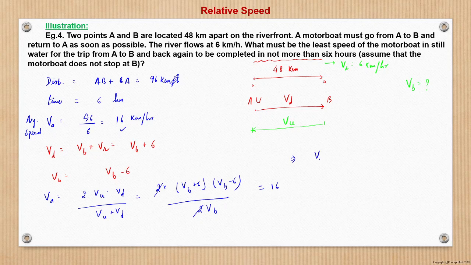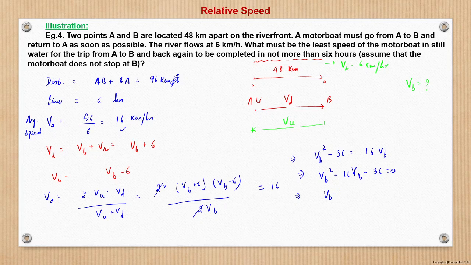So here it becomes VB square minus 36 is equal to 16 VB. So we can rearrange this as VB square minus 16 VB minus 36 is equal to 0. So we can factorize this. This will be 18 and 2.